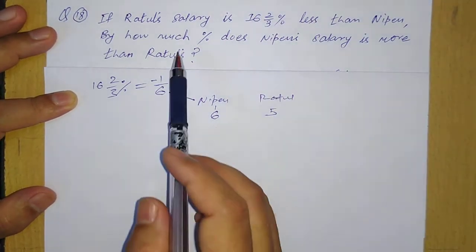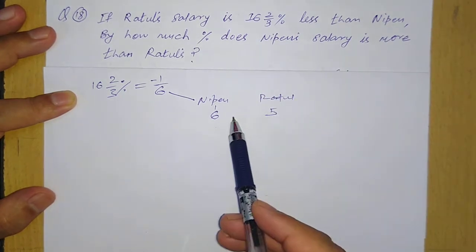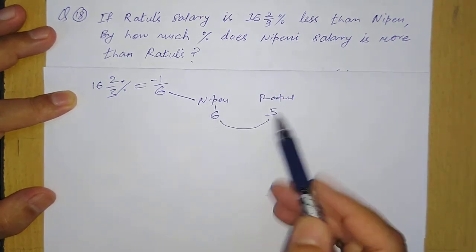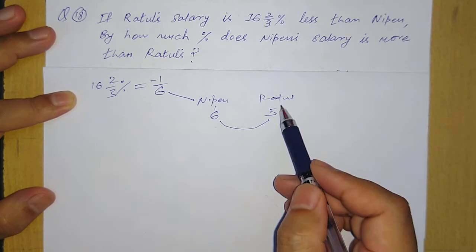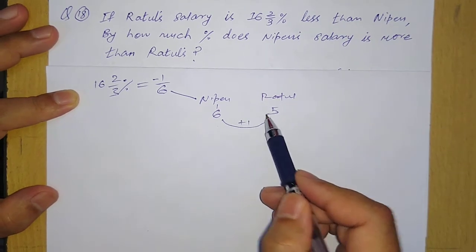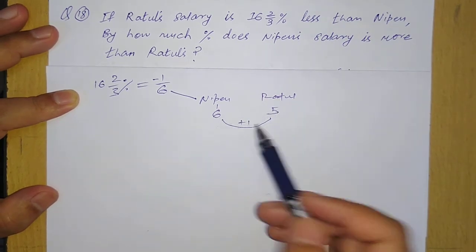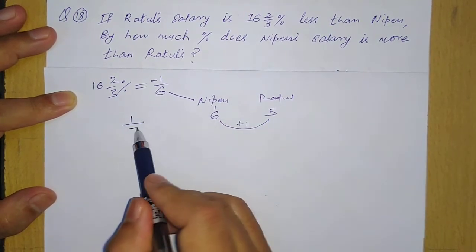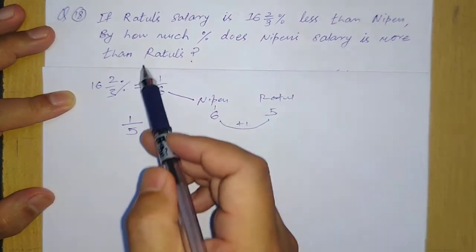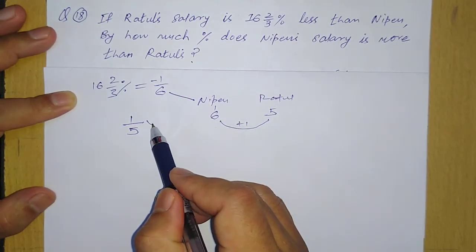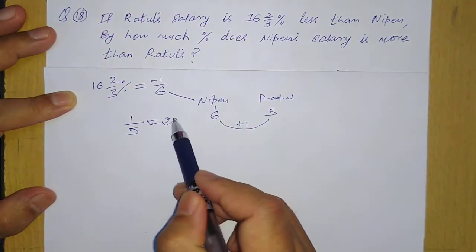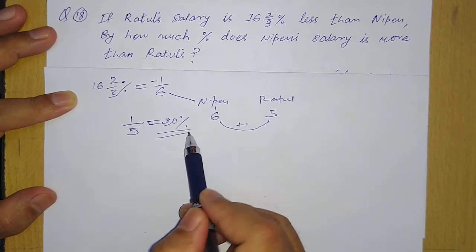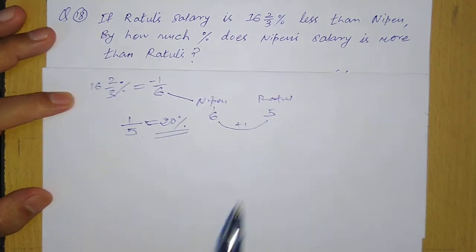We need to find by how much percent Nipen's salary is more than Ratul's. How many units more than Ratul? 1 unit more. 6 minus 5, 1. So 1 unit more than Ratul's. So 1 by 5 is equal to how much? 20%. So 20% is our answer.